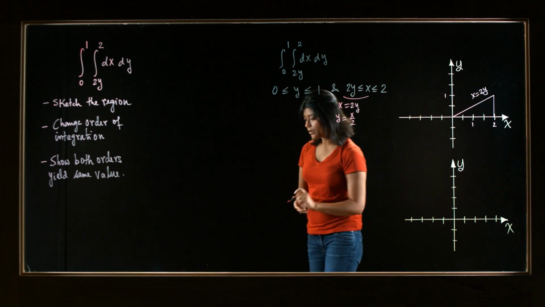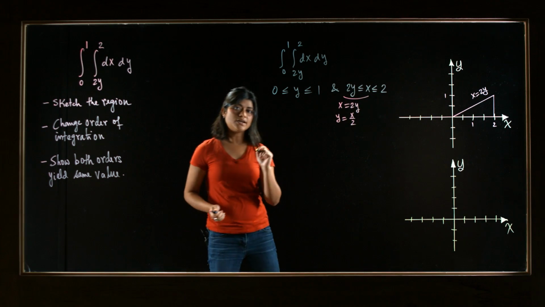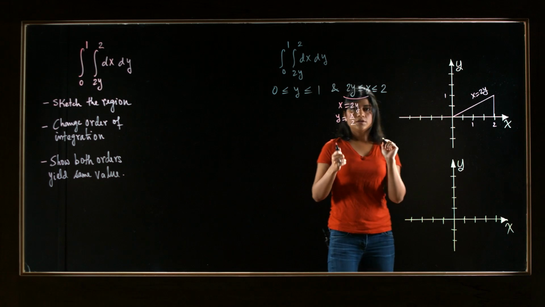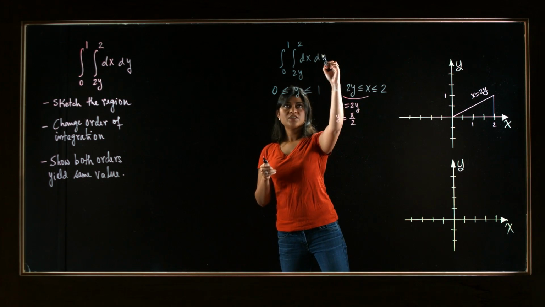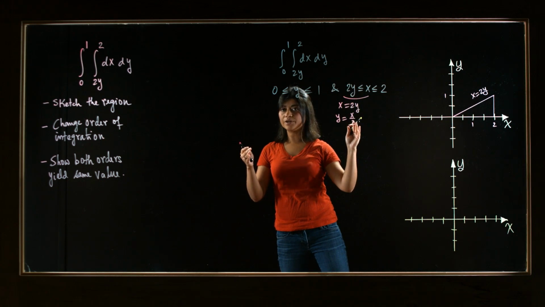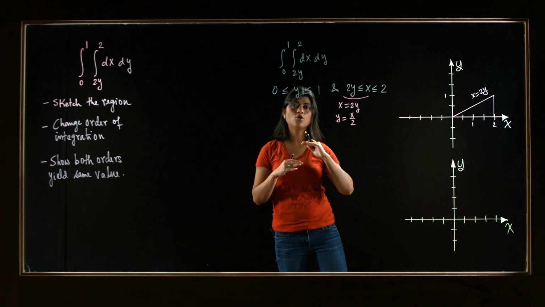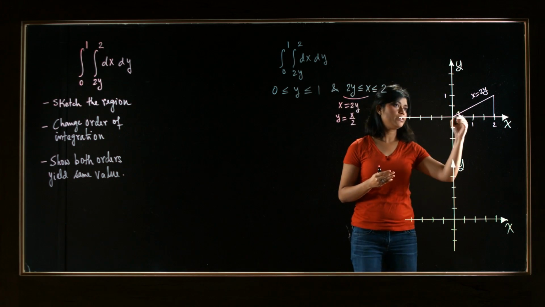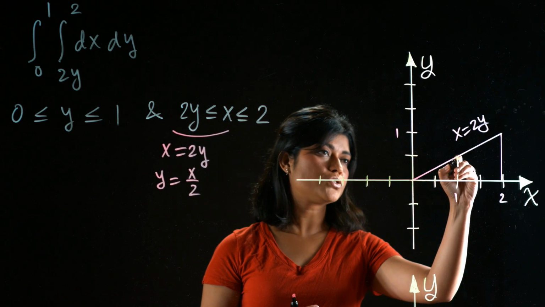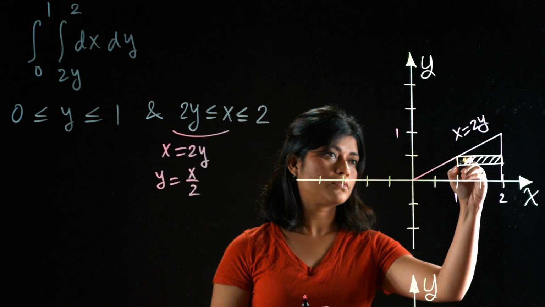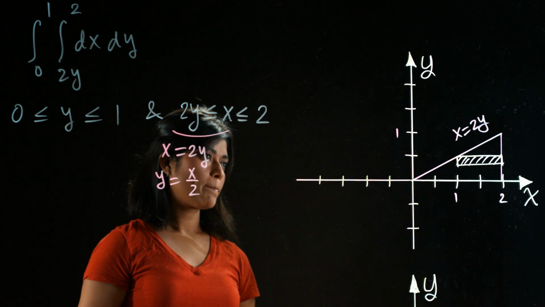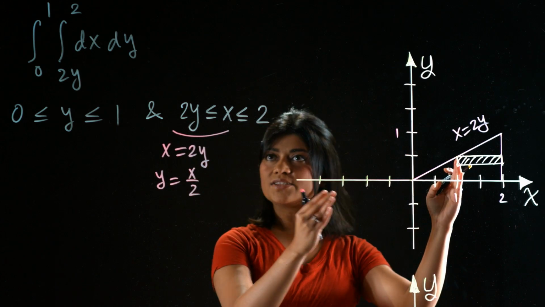To understand it better, we can consider a representing rectangle. Remember how to draw the rectangle. Since y is the outer variable, the rectangle should be drawn horizontally. So if we draw the rectangle horizontally inside the region here, it makes sense, right?